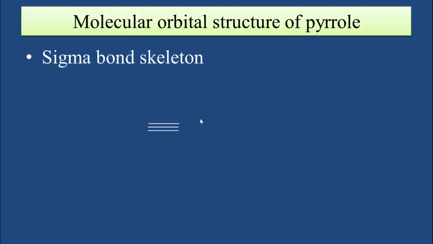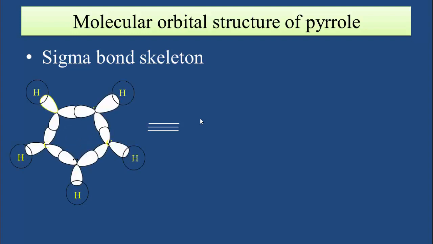Now we discuss the molecular orbital structure of pyrrole. In pyrrole, nitrogen and carbon atoms are present in the sp2 state of hybridization. The sp2 hybrid orbitals of nitrogen and sp2 hybrid orbital of the carbon overlap and form the sp2-sp2 sigma bond.